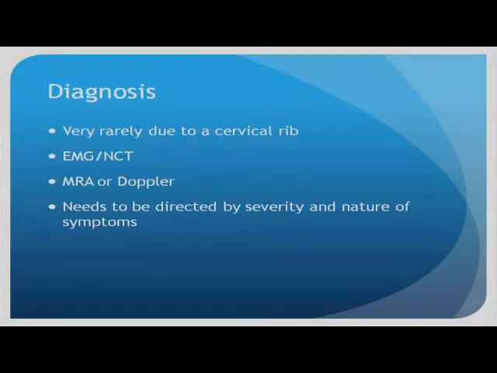We talk about cervical ribs. It's not very common at all as a cause of thoracic outlet syndrome. If you really do suspect neurologic issues, you want to get an EMG and CT, because you know that compression on nerves for prolonged periods of time actually kills them off, so you want to make sure that's not an issue. Vascular imaging using MRI or Doppler can be useful.